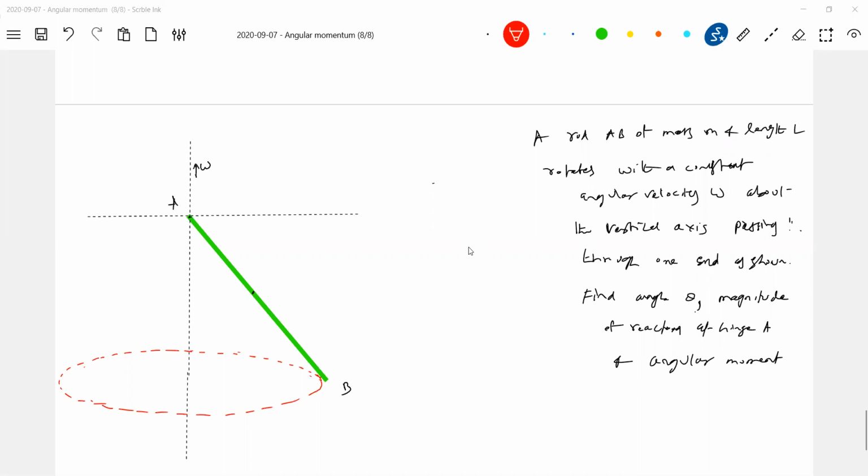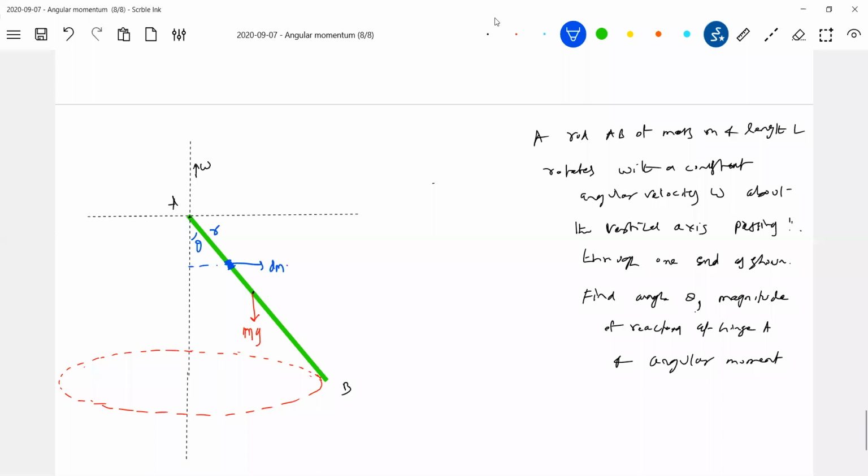Let me assume a rod, so what are the forces that will be acting? The weight mg. Then I'm going to assume a small element, let this element be at a distance r. This is theta.